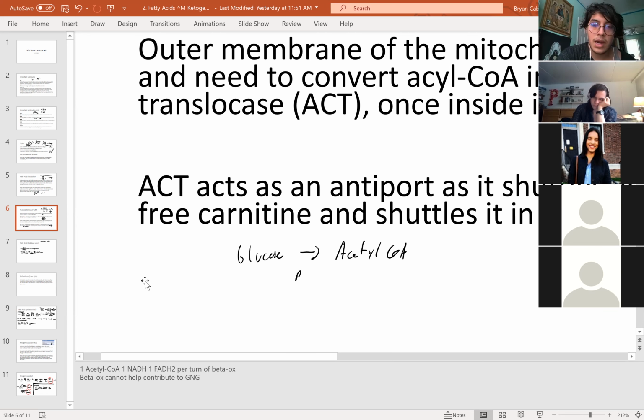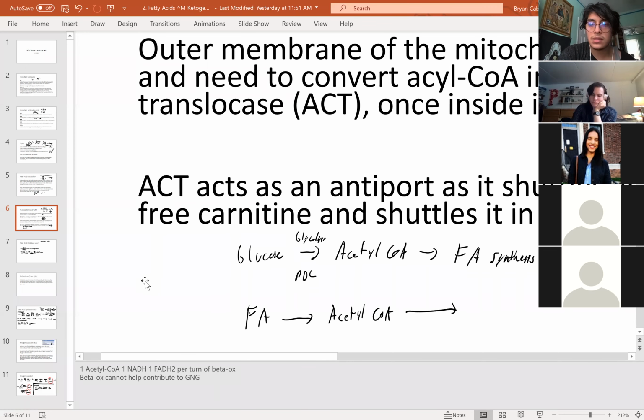This is through glycolysis and the pyruvate dehydrogenase complex. And then from acetyl-CoA, you can have fatty acid synthesis. And that's how you can make sugars into fats. However, you can't make fats into sugars. You can't have fatty acids producing acetyl-CoAs.